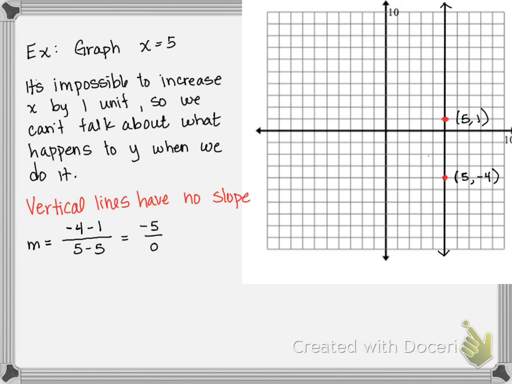And again, mathematically, it is impossible to divide by 0 because you can't take something and divide it into 0 pieces, right? If you have a pizza and a knife, there is no way to cut that pizza into 0 pieces because the pizza itself is 1 piece, and every time you cut it, you get more. So it's impossible to divide something into 0 groups or pieces. And so this is undefined.